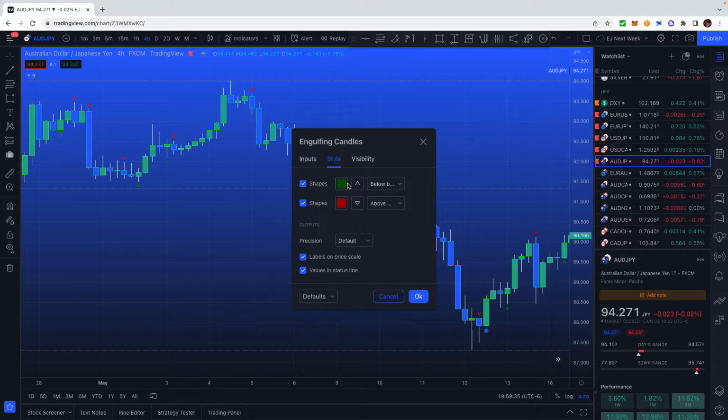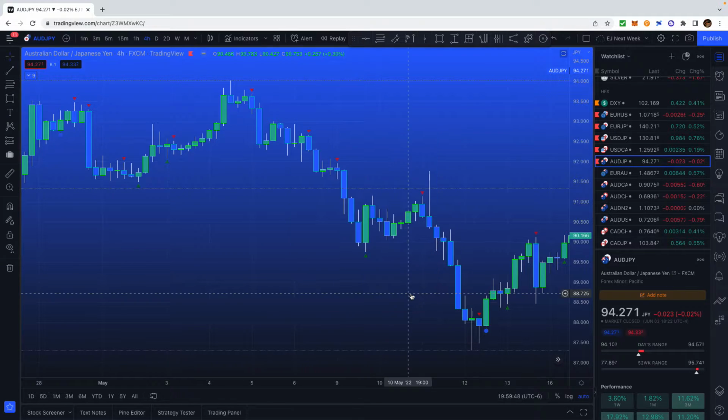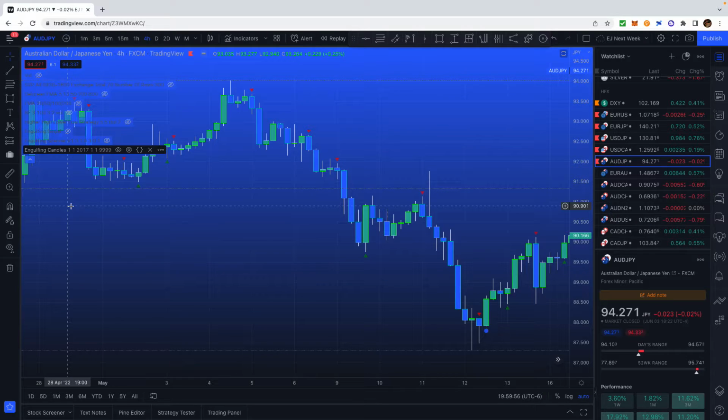It's going to give you a red arrow when it's a bearish engulfing, and a green arrow when it's a bullish engulfing candle. You can change those colors if you like, but that's basically what the indicator does. It gives you a clean look, so you don't have to guess where they are. It basically shows you where they are automatically.